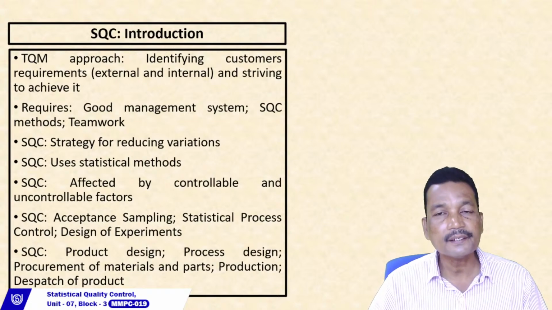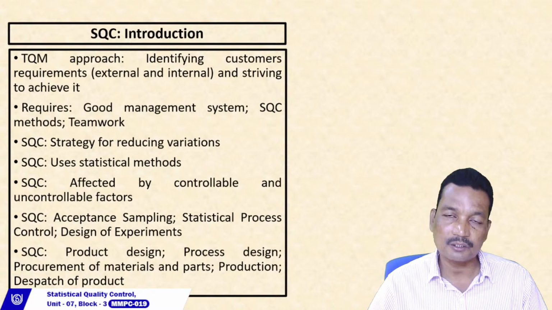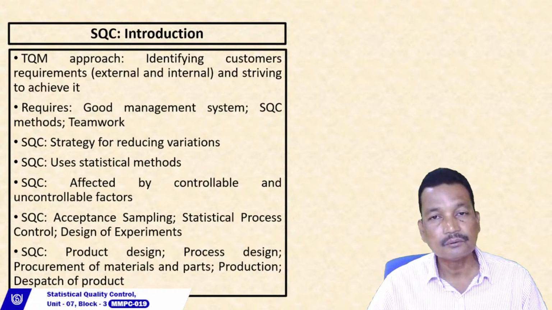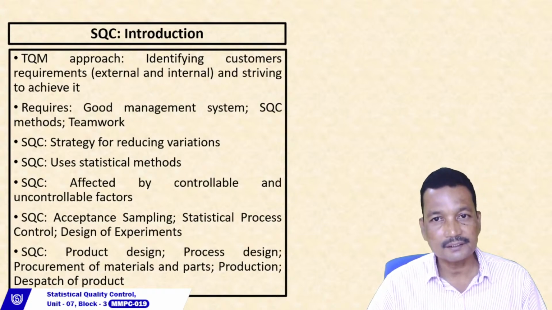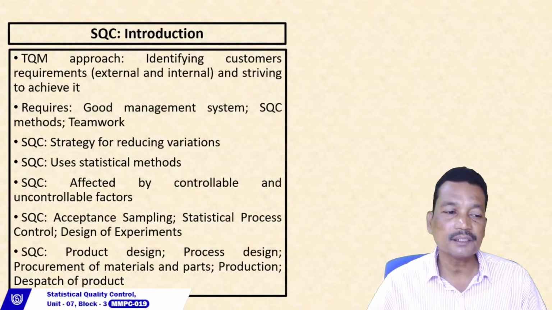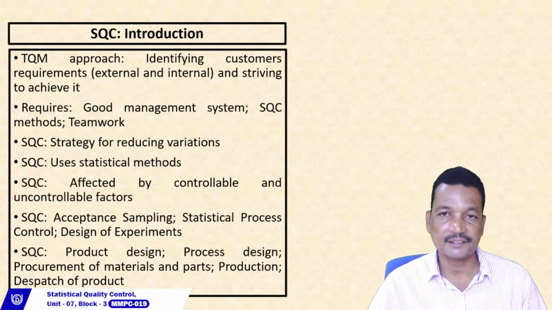If we are feeling happy, we will be doing nice work. If we are feeling upset, mostly we may produce defective items. So these factors become uncontrollable. So we try to have a thorough hold over the controllable factors so that the variations are reduced to a maximum extent.